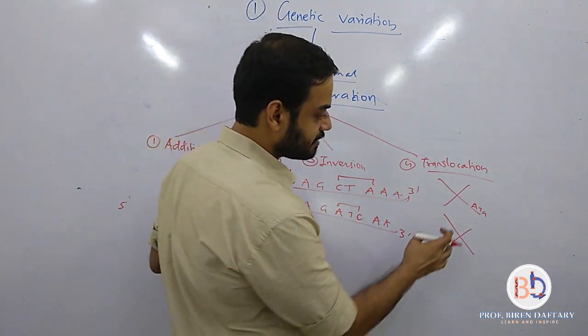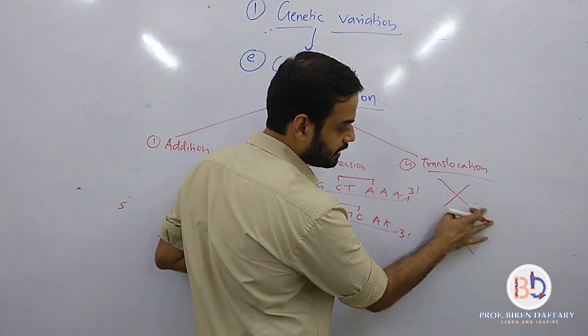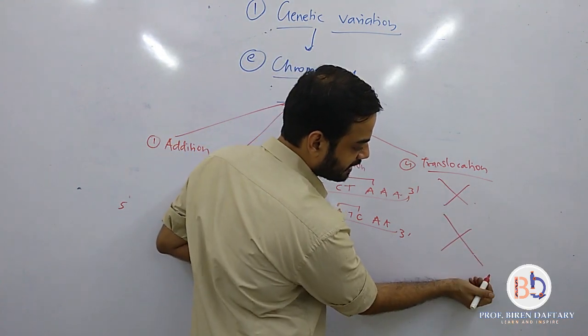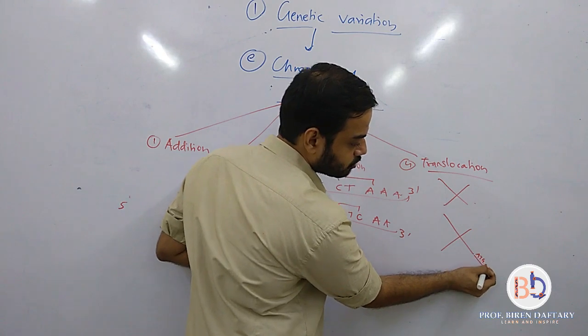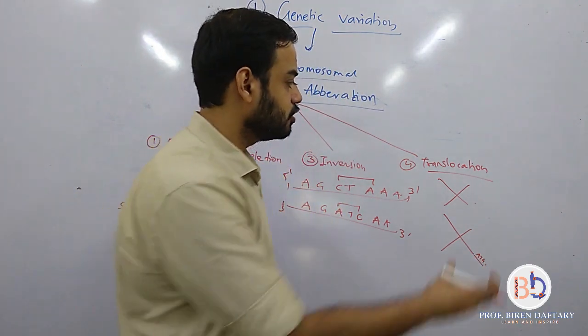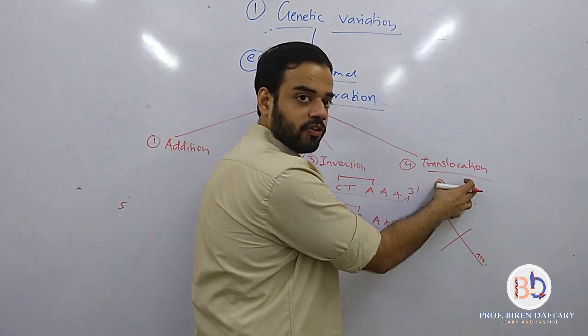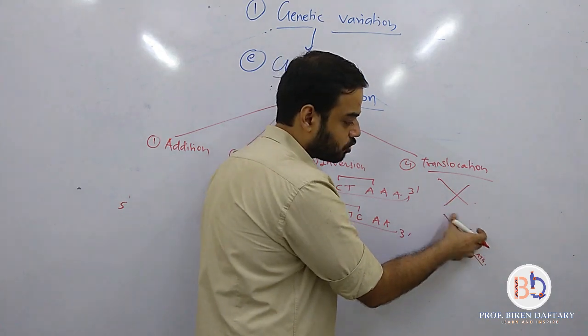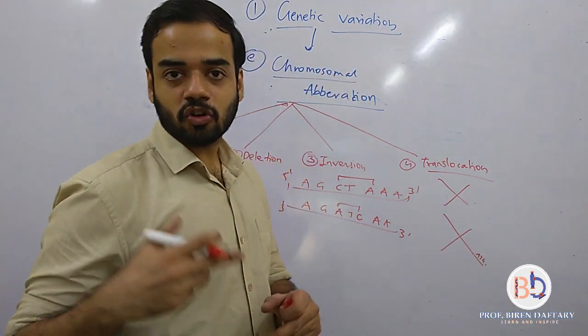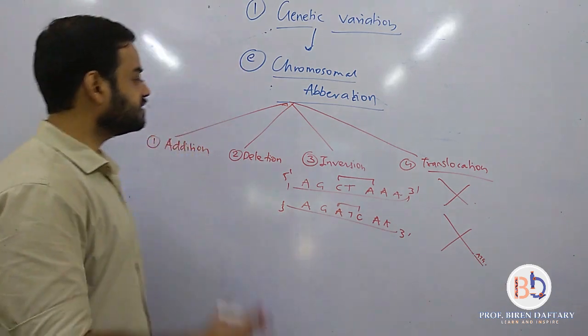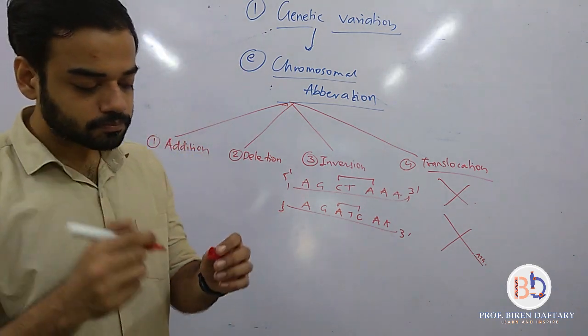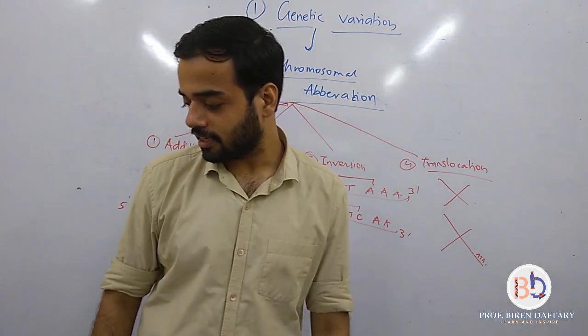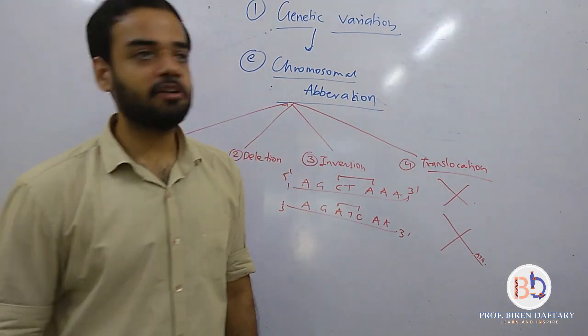So this part of the chromosome is broken, this ATG might go and attach over here. So this is called translocation. This chromosome will lose that sequence, this chromosome will gain that sequence. This is called translocation.